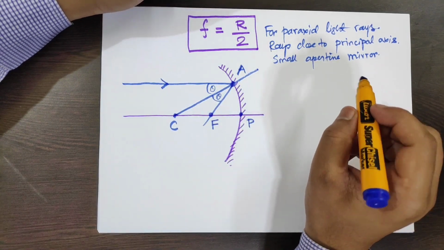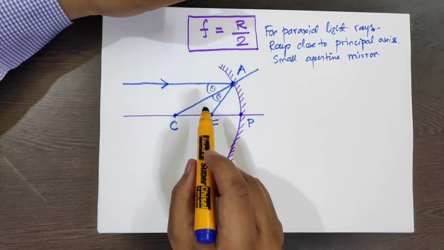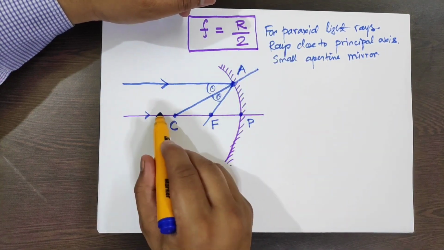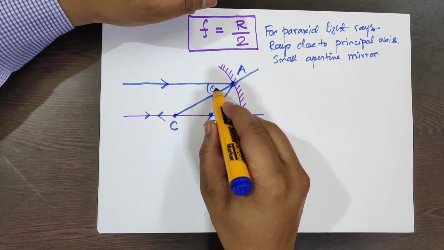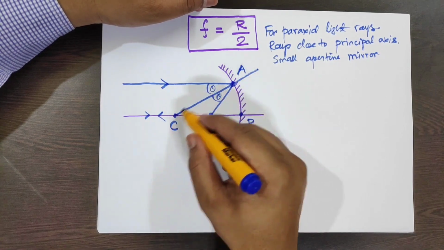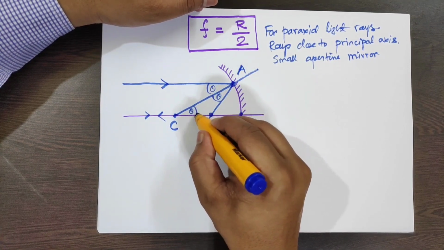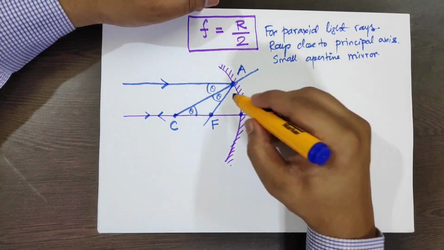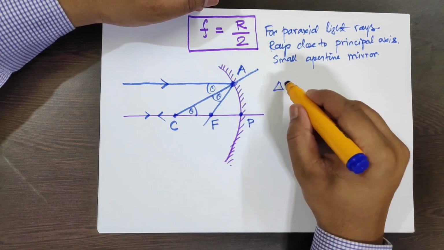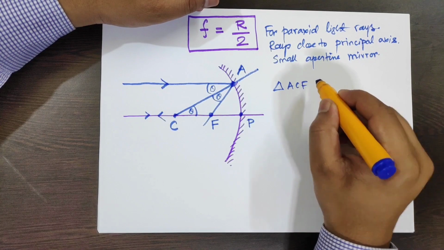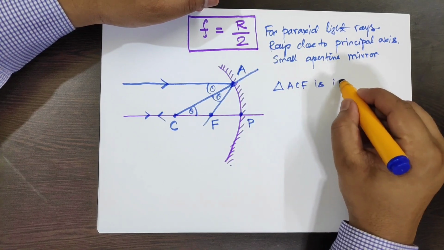And you see these two lines are parallel lines, principal axis and this. So this angle, and this is the transversal, so this is also theta. So this triangle, triangle ACF is an isosceles triangle.